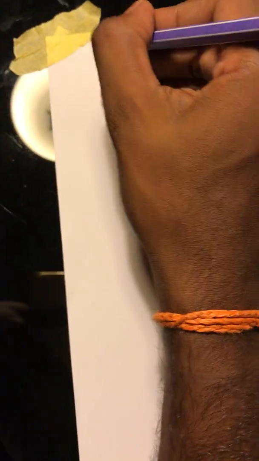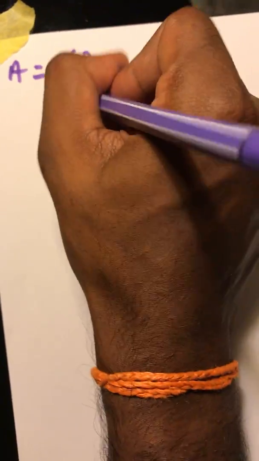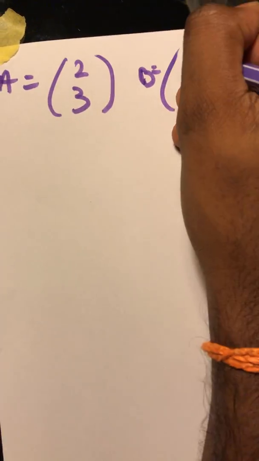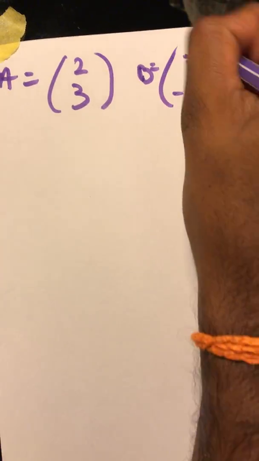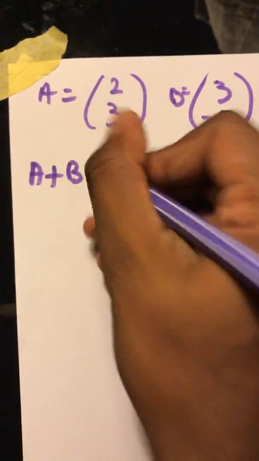It will come in handy later. For example, vector a is 2 and 3, vector b is 3 and negative 1. Can you find a plus b for me? I want to add these two vectors.